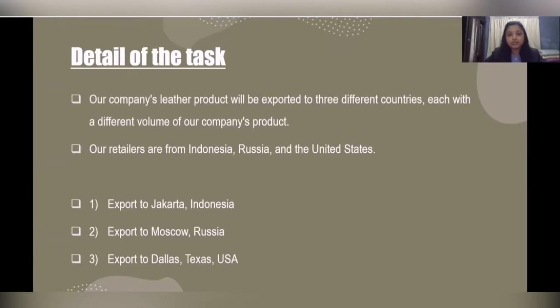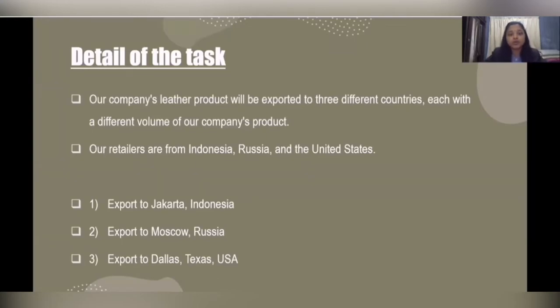When the items arrive at the Jakarta port, Anyo Asia, our logistics partner, will transport the goods to our retailer's location using their truck. The second export is to Moscow, Russia, where 2,500 meters of leather will be exported from our Kulit Malaysia company to our retailer Fetich, an original Russian brand specializing in bag and accessory creation.